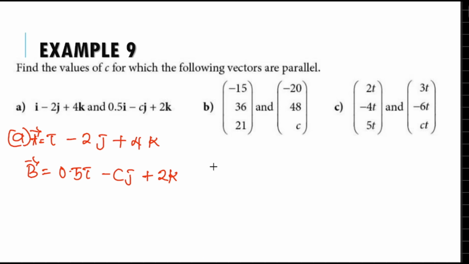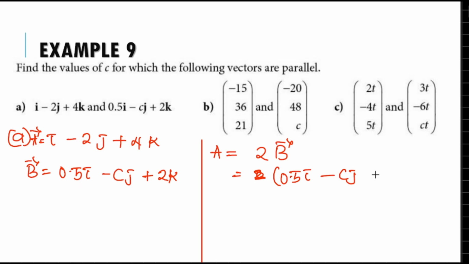If we analyze very well, we'll see that A equals 2 multiplied by B, which is 2 multiplied by 0.5i minus cj plus 2k, and that equals i minus 2cj plus 4k, right?